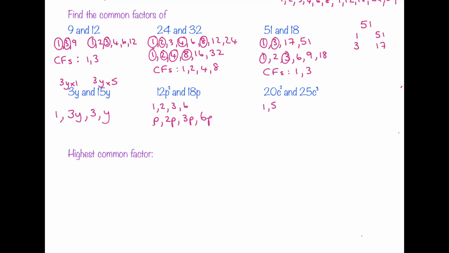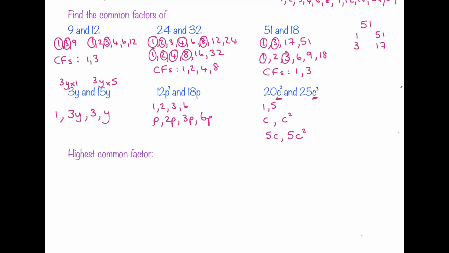Then for the things that multiply together to give us c squared or c cubed, well, c would go into c squared and c cubed, but so would c squared, because here we've got c squared times 1, and this is c squared times c. So any combination of these numbers with these also gives us our common factors. So as well as c and c squared, we would have 5c and 5c squared.